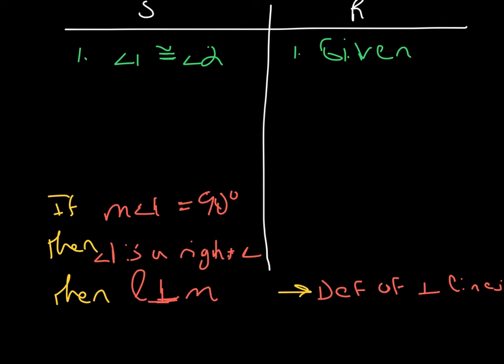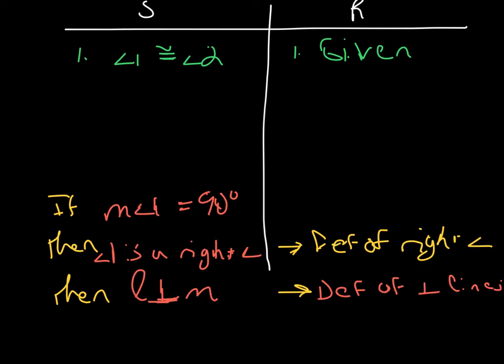Then angle 1 is the right angle by, you got it, definition of right angle.